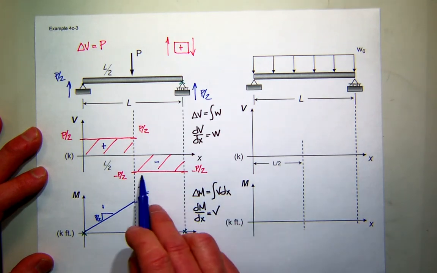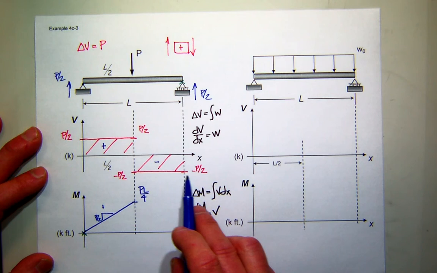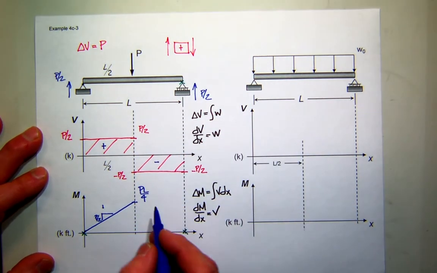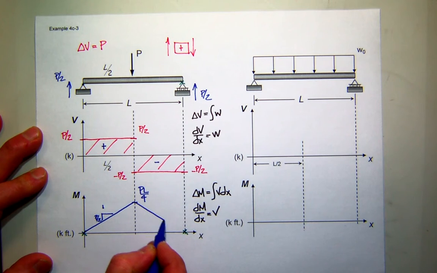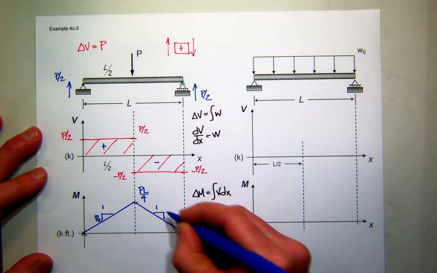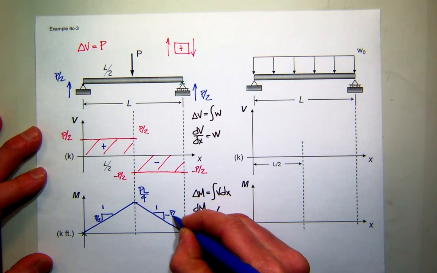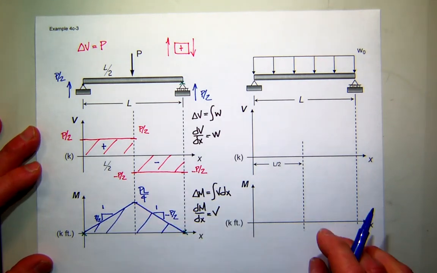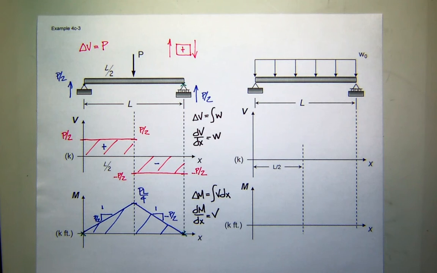The shear throughout the region is constant, and it's negative. So here's my constant negative slope of negative P over 2. And there's my moment diagram. So what's the maximum moment? Where does it occur? PL over 4, and occurs in the middle of the beam.